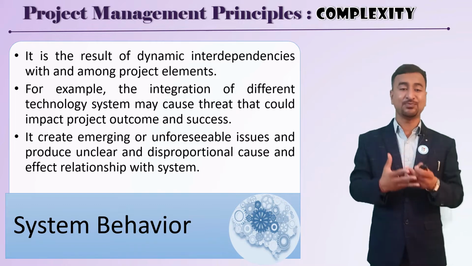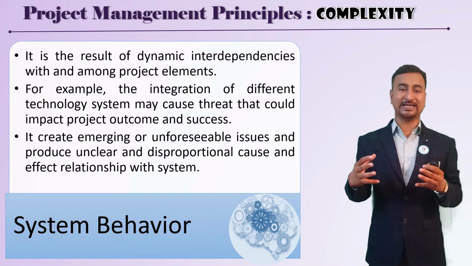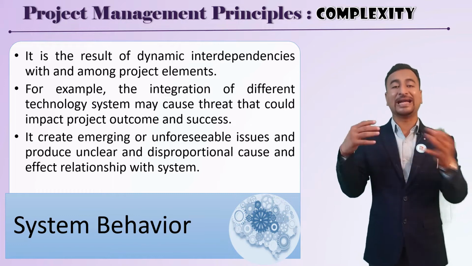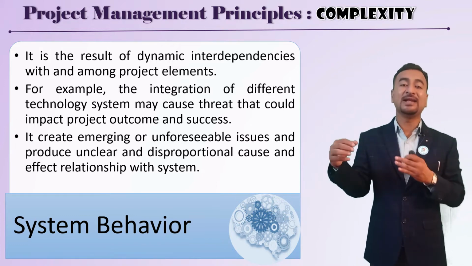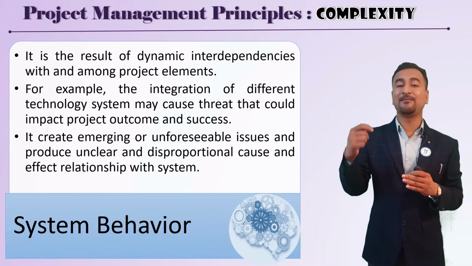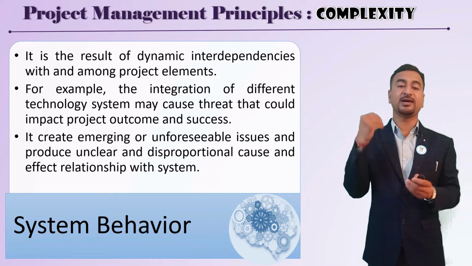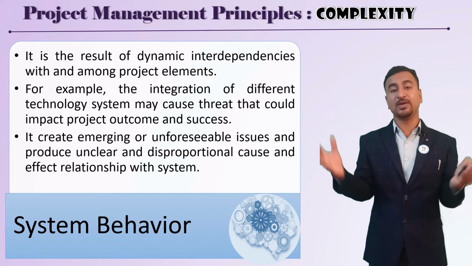Second would be system behavior. Because everything is interconnected, it is the result of dynamic interdependency among the project elements. So there is a critical path which needs to be complied with. For example, the integration of different technology systems can cause a threat or impact on the project goal.